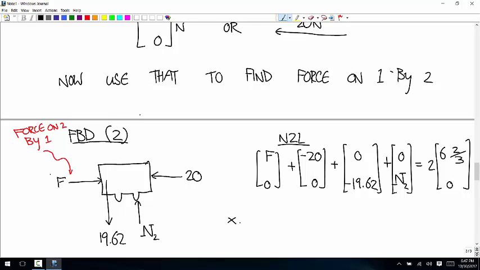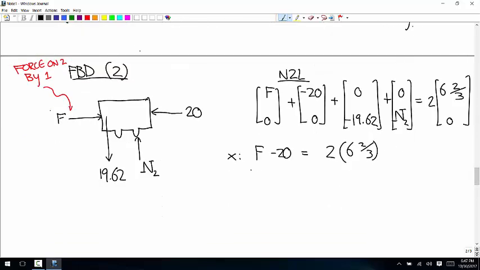And so the x equation says F minus 20 is equal to 2 times 6 2/3, which says F minus 20 is equal to, I think, 13 1/3.